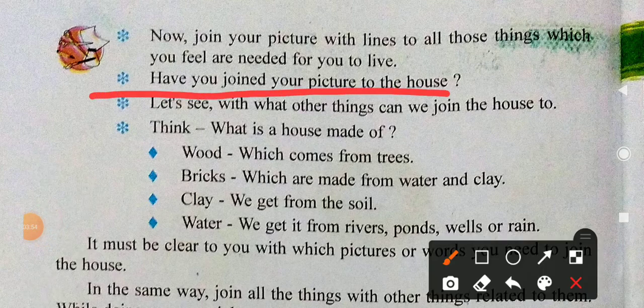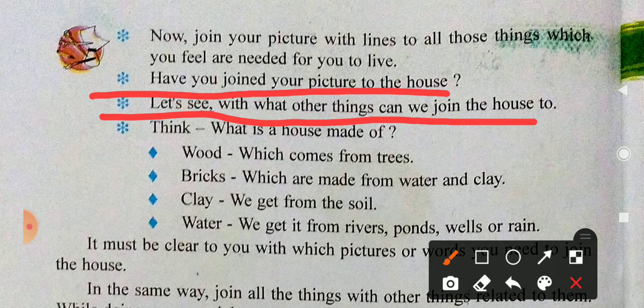We need a house to survive. Next, we can join the house to wood and plants, bricks and mud, ground and water, because our house is made of these.